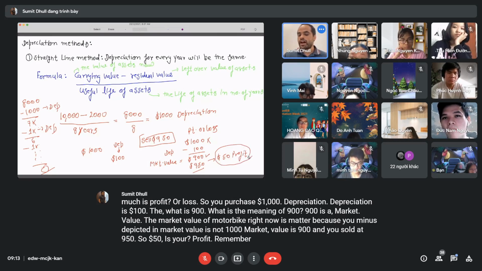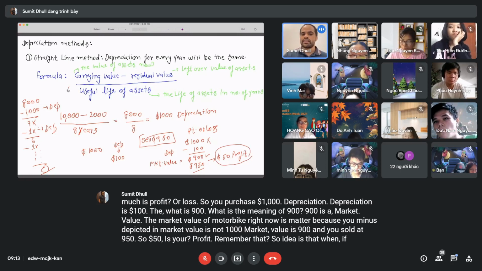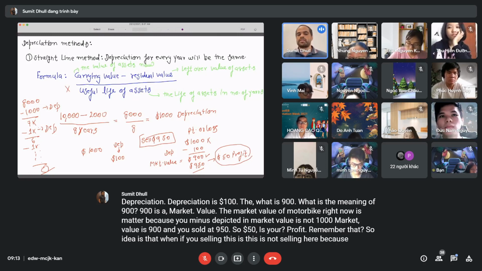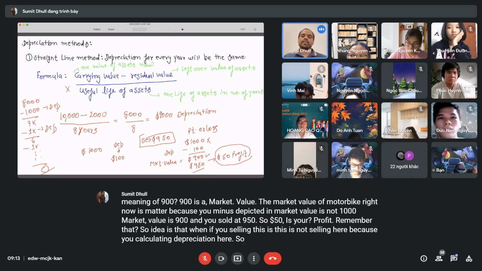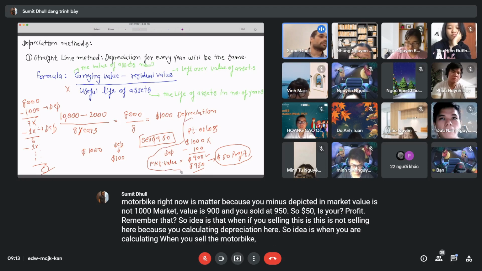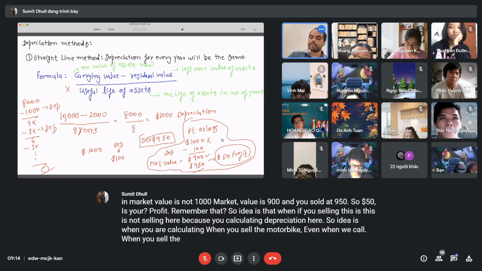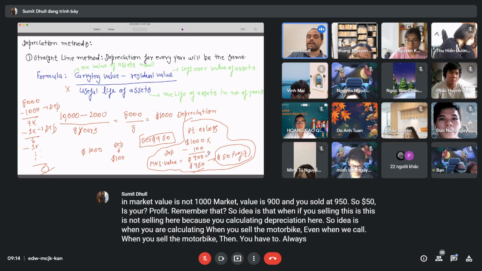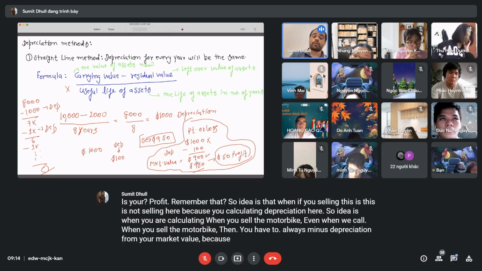Remember that. So the idea is that when you sell the motorbike, you have to always minus depreciation from your market value, because if you do not know the market value, you cannot calculate your profit.